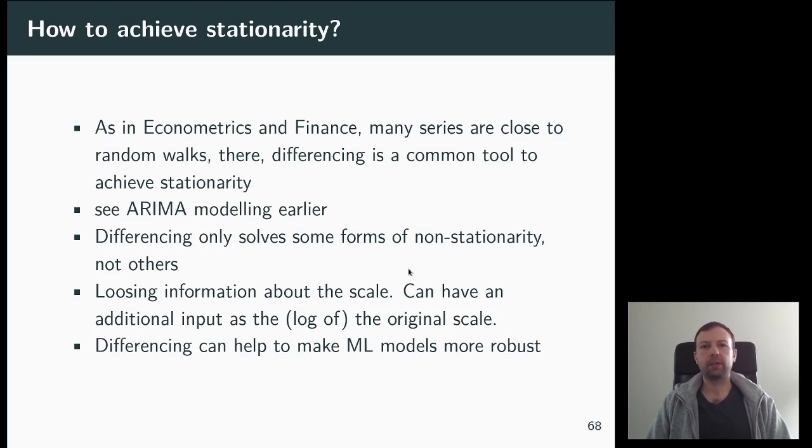I think that's quite an important notion, that sometimes people think ARIMA is for non-stationary data, and machine learning methods work only with stationary data. That's not true. The only thing that ARIMA does to make things stationary is differencing, and you can just do differencing on your input and run your machine learning model of choice, and you achieve the same thing.